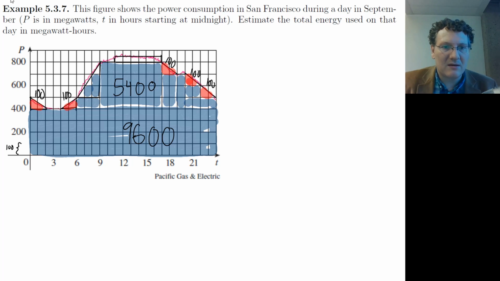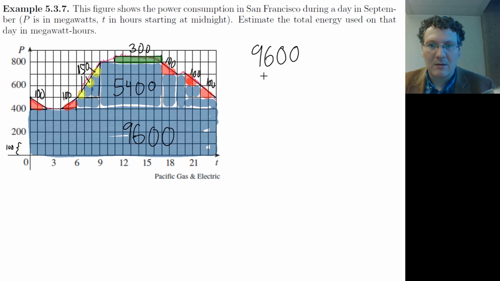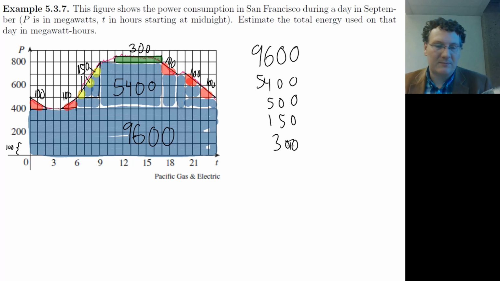We have these bits in yellow, and we have also this little section in green. So we've got another 150 over here. That's the combination of those three half triangles, and then that's 6 across and half wide, so that's about 300 altogether up there. So we've got 9,600, we've got 5,400, we've got 500 in the red, we've got 150, and we've got the 300.